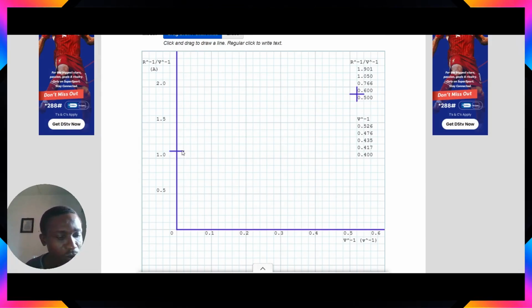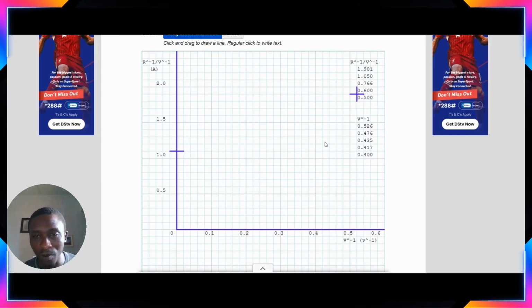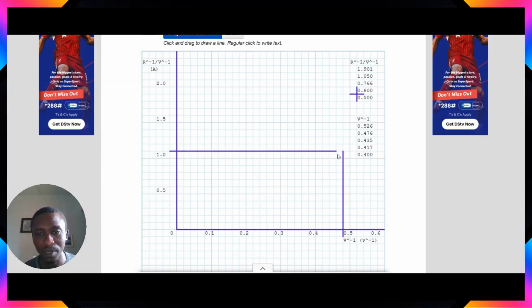You have 1.1 here. And where you have 1.1, the corresponding value of V at that moment is 0.47, which we can't have, but we can have 0.48, and there is 0.48, because each value here represents 2 centimeters. So going forward now, this comes here, then this also comes here. So we have our point here.